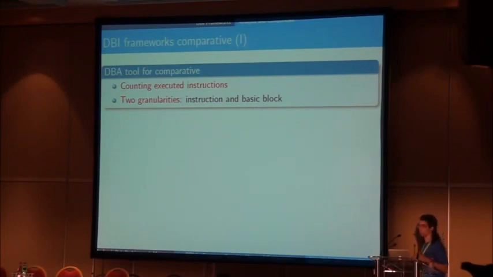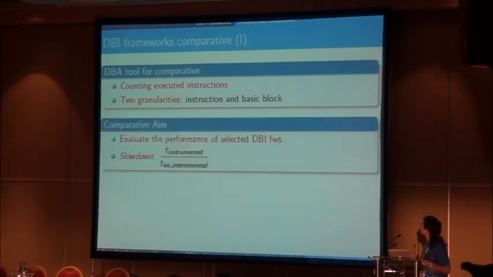A basic block is defined as a small set of instructions, so imagine, for instance, in assembler, until a jump or a call; this would be a basic block. The main comparative has been to evaluate the performance of the selected DBI frameworks commented previously, and we have defined the slowdown as the ratio between the time of being instrumented and the time of not being instrumented.